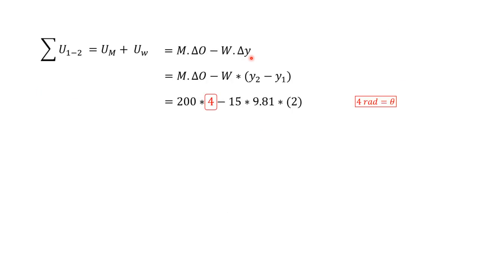So we write down the equation: M multiplied by delta theta minus W multiplied by y2 minus y1. Now y2 is 2 meters, y1 is 0, and I can find the value: 15 mass times 9.81 g multiplied by 2 meters. Here we have 200 multiplied by 4.